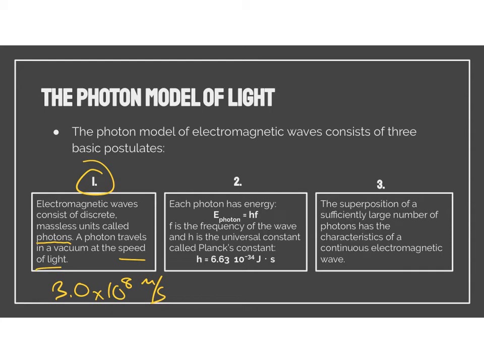Postulate 2. Every photon has a specific amount of energy equal to hf. f is the frequency of the wave, and h is the universal constant known as Planck's constant. You're not going to really have to calculate anything. This gets us into some modern physics, what's known as the photoelectric effect, which is actually what Einstein won his Nobel Prize in Science for.